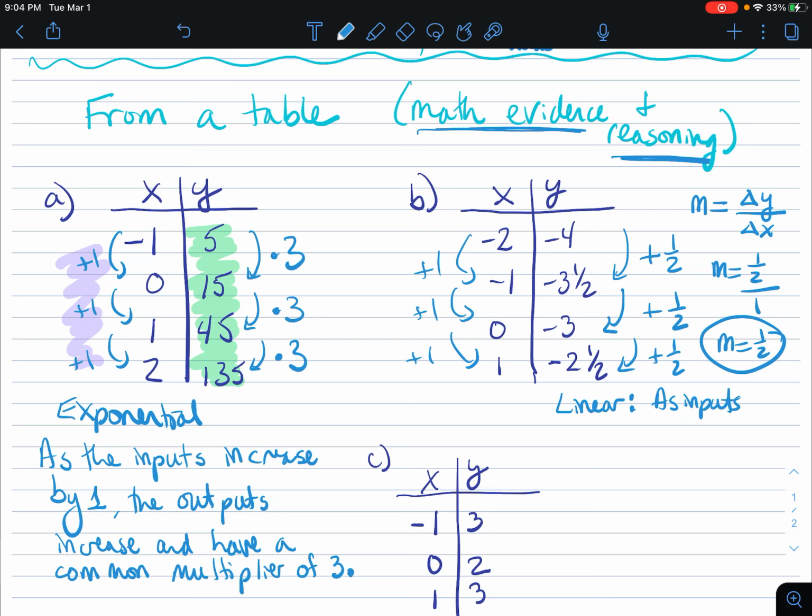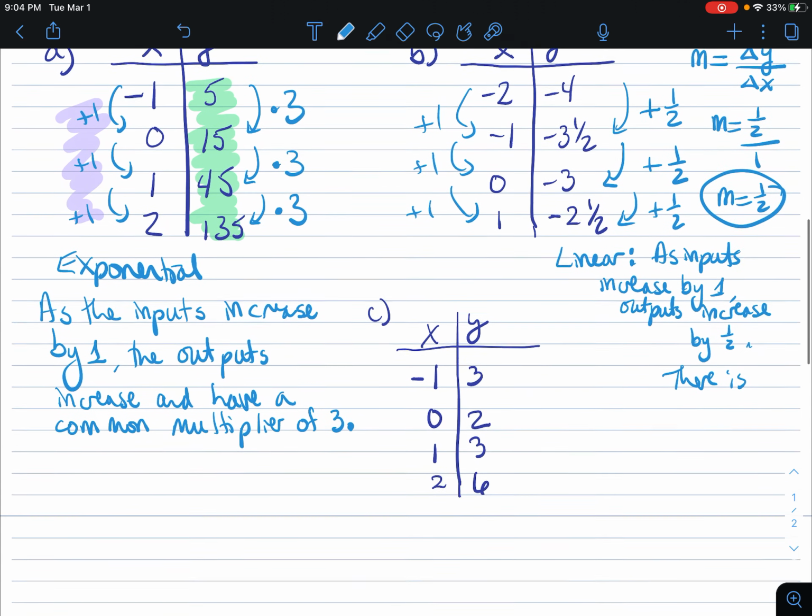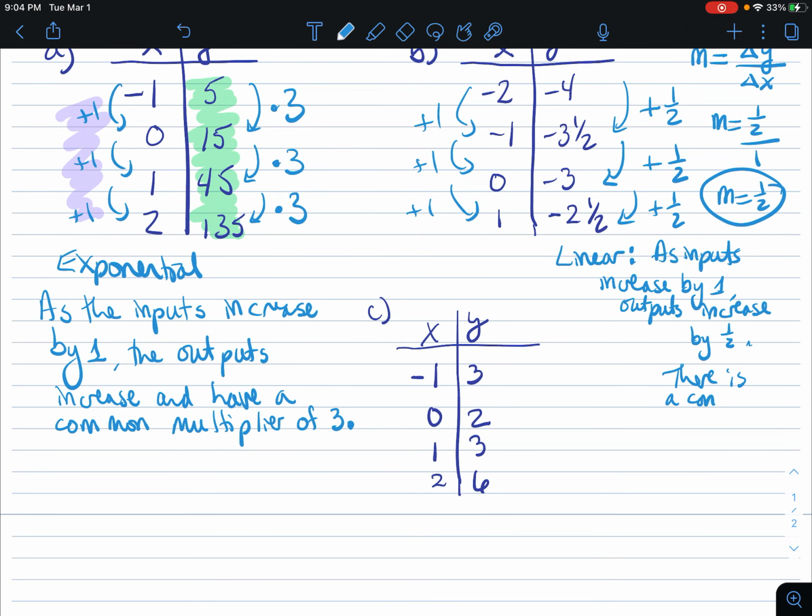As inputs increase by 1, outputs increase by 1/2. There is a constant rate of change. That proves that it's a linear function.